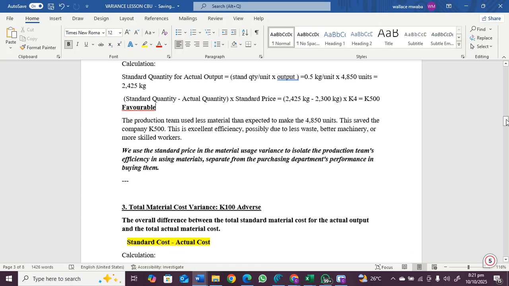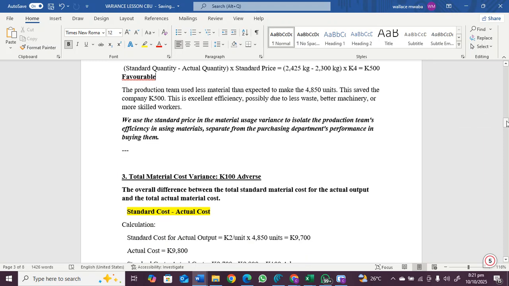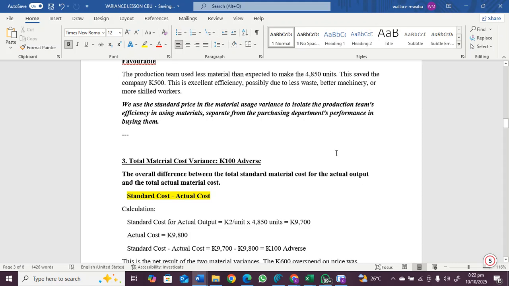Okay, the next one is total material cost variance. Basically, we're just trying to measure what the total cost of materials we should have paid versus what we actually paid. So it's the standard total cost minus the actual total cost.